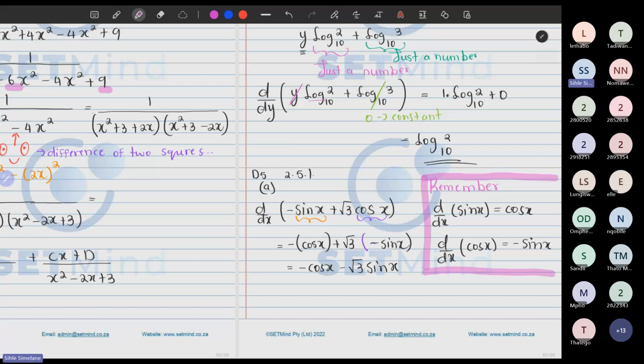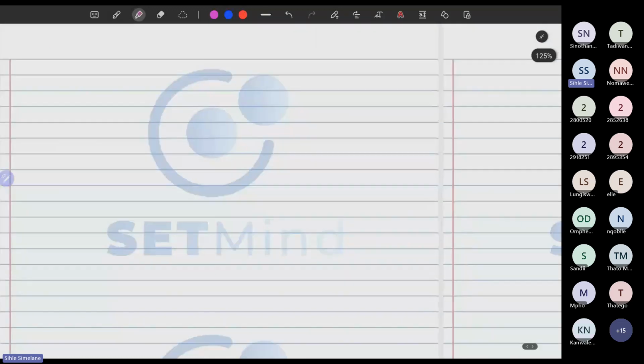Is it the one where we have arctan of a half at the top? No, the last question. So the last one. Which one? Arc sine of sine 2 pi over 3. Let's go in there and look at it.